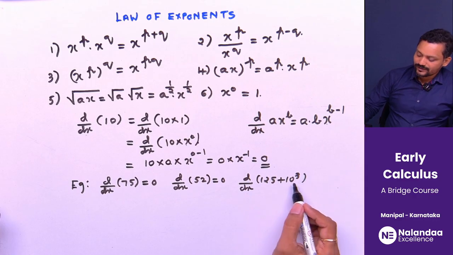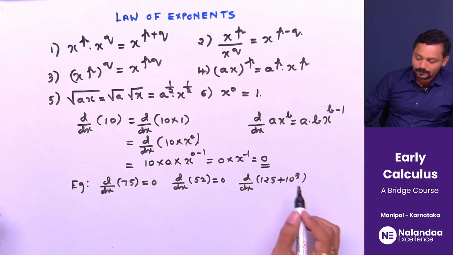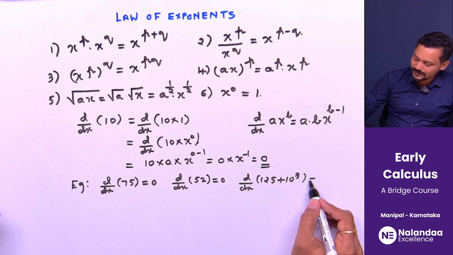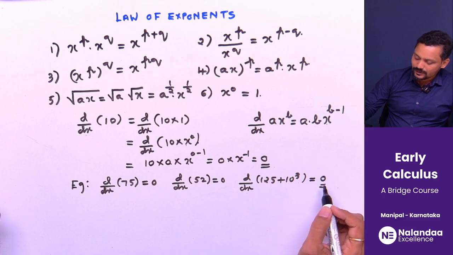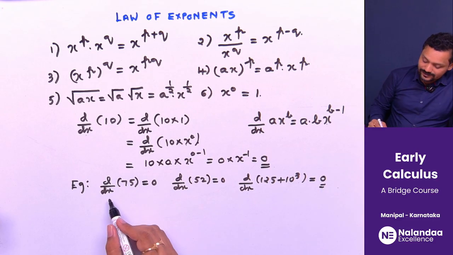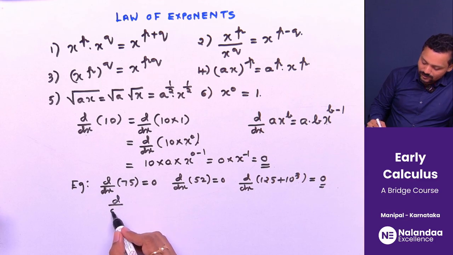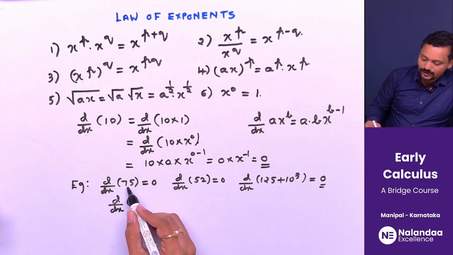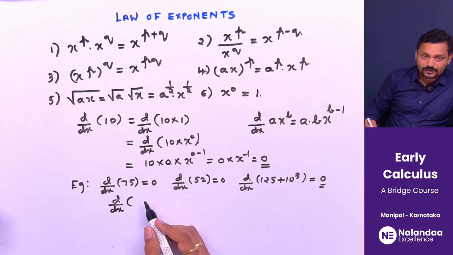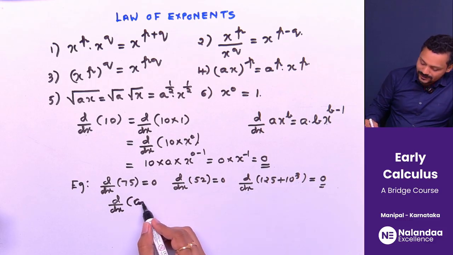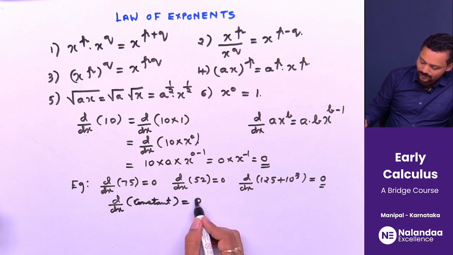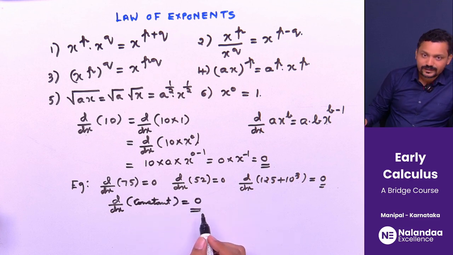Now 125 and 10 power 3 are pure numbers, so whatever it is, the derivative will be 0. So students, you have to always remember the derivative of any constant. A pure number like this is also called a constant. So the derivative of a constant is always 0. So this has to be used in problems.